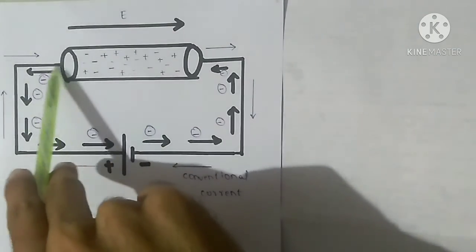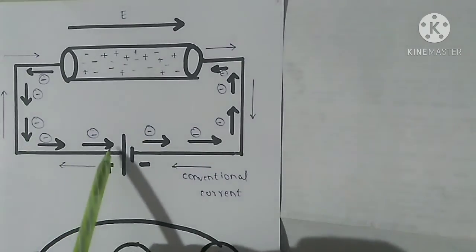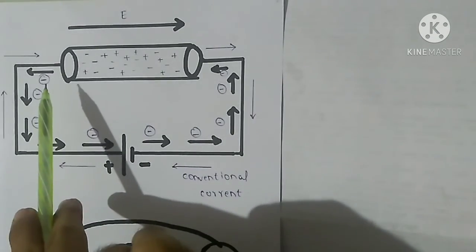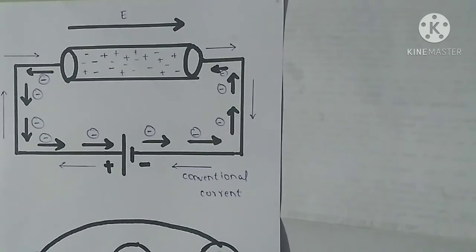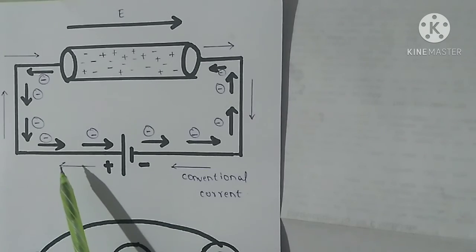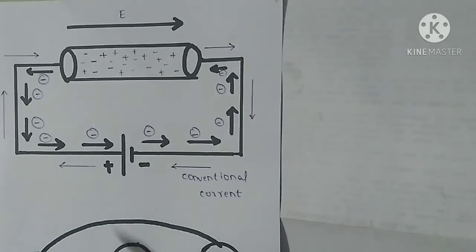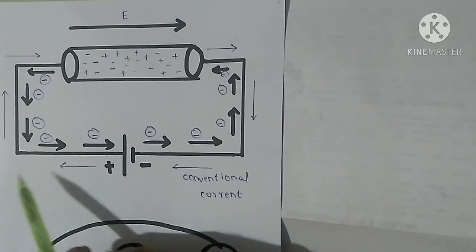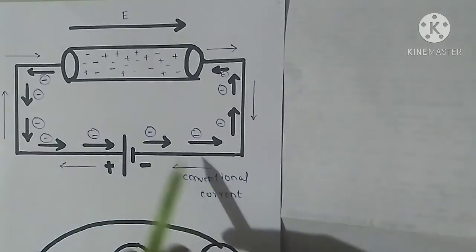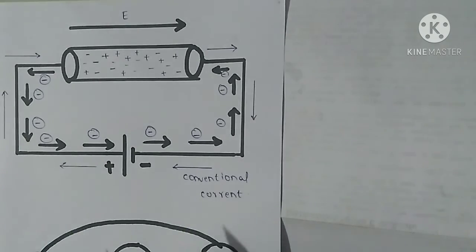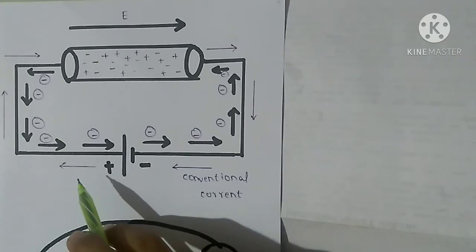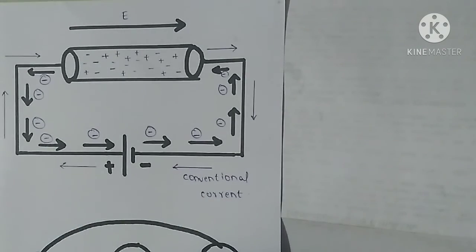The flow of these electrons is known as current. The current is due to negative charges, but for sign convention and easy calculation, we consider the flow of current to be due to positive charges, which is known as conventional current. This standard is universally adopted and it was stated by Benjamin Franklin.